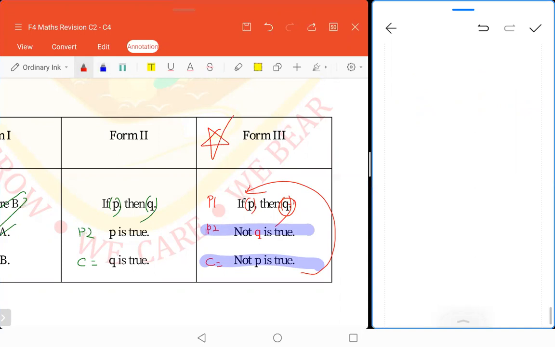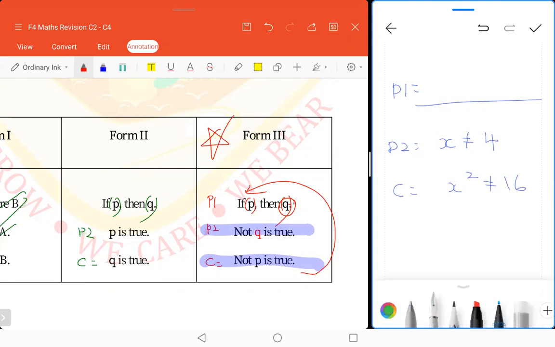Okay, example here. Premise 1: third. Premise 2: x is not equal to 4. Conclusion: maybe x squared is not equal to 16. So how do we write the answer for premise 1? Because you have the symbol of not equal to or not true, when you write back premise 1, this one has to be brought up first.